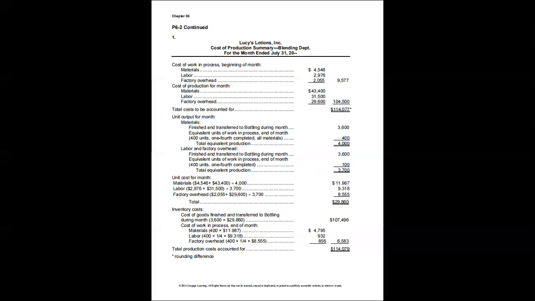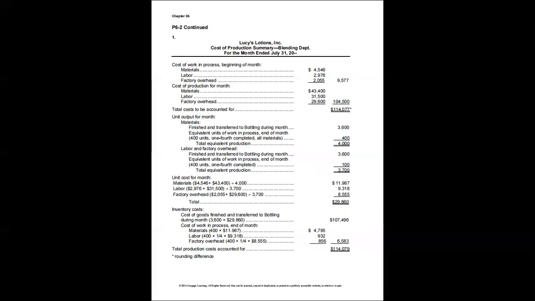Now transferred to the bottling department, 3,600 units times 29.860. And then the work in process at the end for the equivalent production of materials, 400, for labor and factory overhead, 100 times the cost per unit.